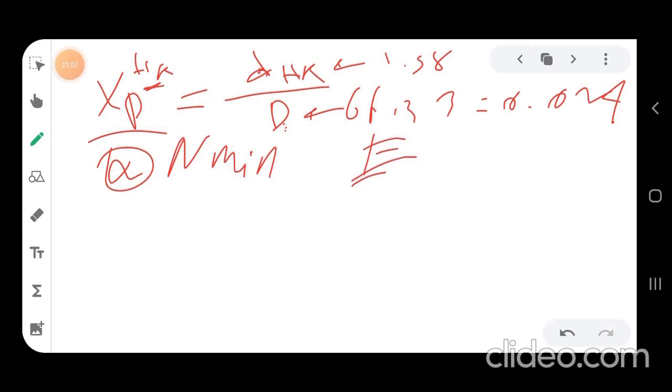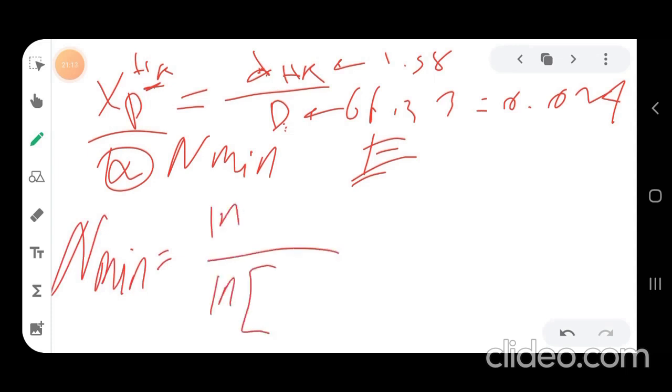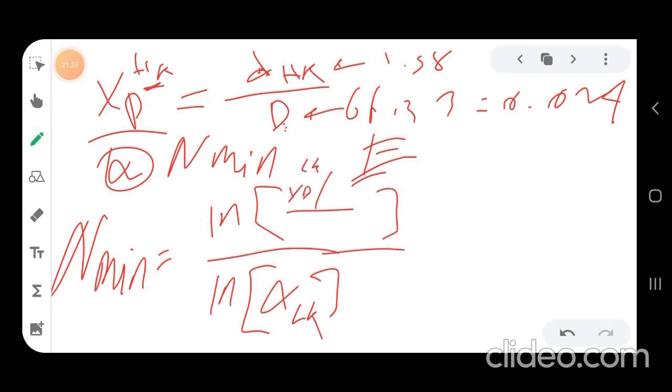And what's the Fenske equation? It is N minimum equal to ln over ln. The ln in the denominator is alpha of the light key, and the ln in the numerator is a little bit bigger: XD of the light key over XW of the light key, divided by XD of the heavy key divided by XW of the heavy key.